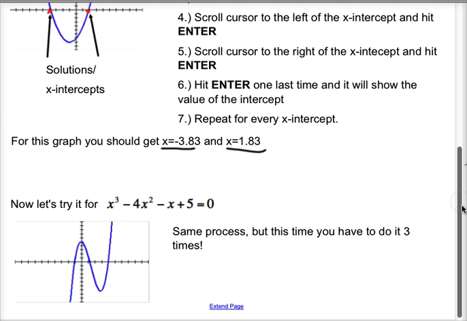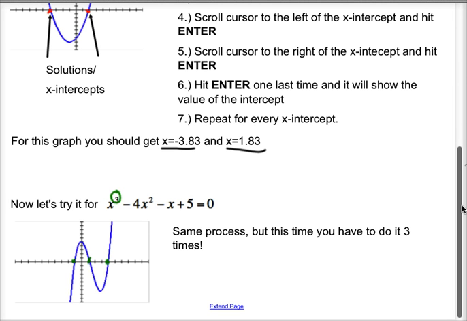Now you do have to realize how many zeros you're looking for. In this case, this cubic function, and I can say it's cubic because it has degree 3, I'm going to have to do this process 3 times. You have to do this process for every zero that you see.